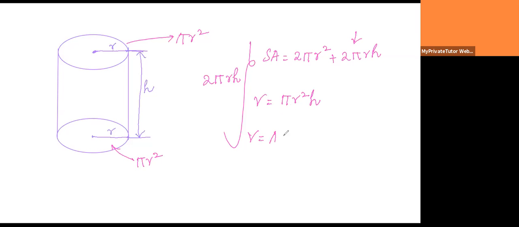So this is the area of the base times height. This is the formula for volume, generally speaking. So that's what I have written. The area of the base is pi r square, and the height is represented as h. I hope you guys understand the formula.